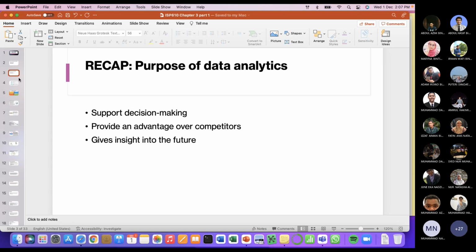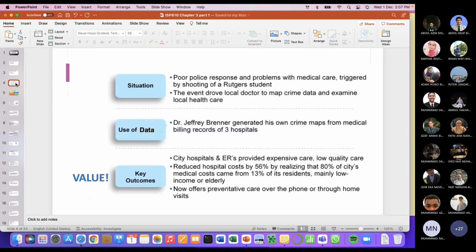In that chapter, we have also seen a few case studies, but I only take this one. This is the hospital where they combine all the information from the current situation together with the data that they have to come out with other things.